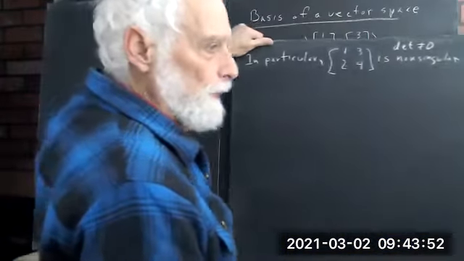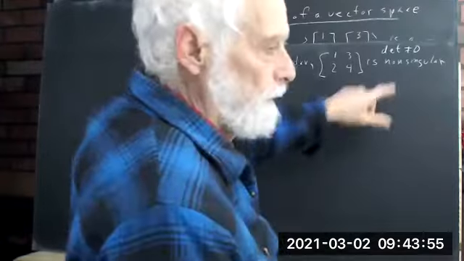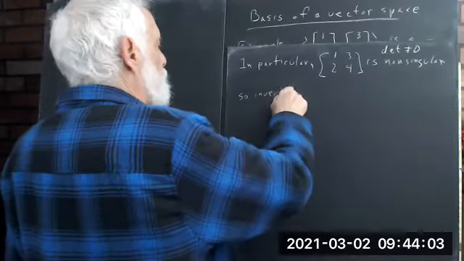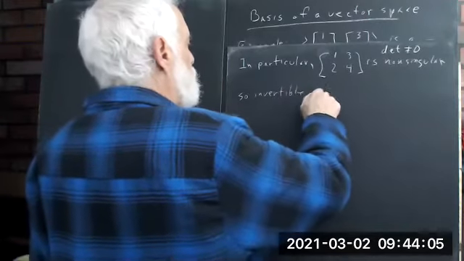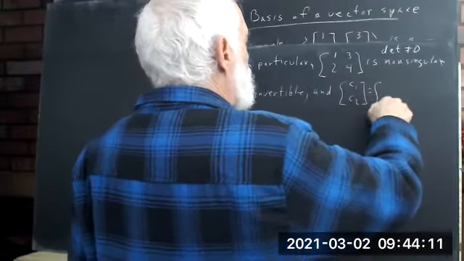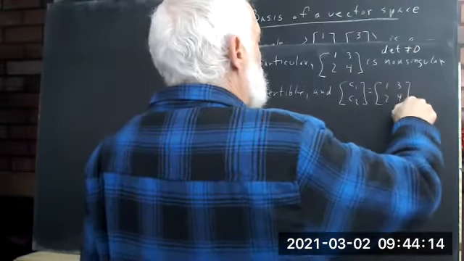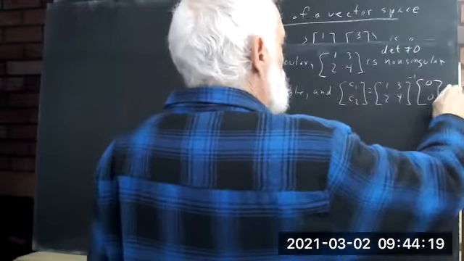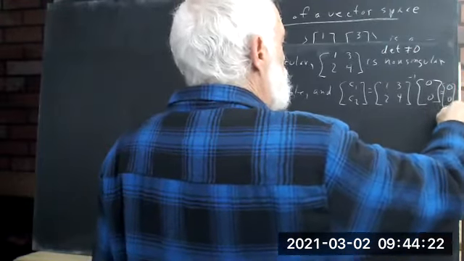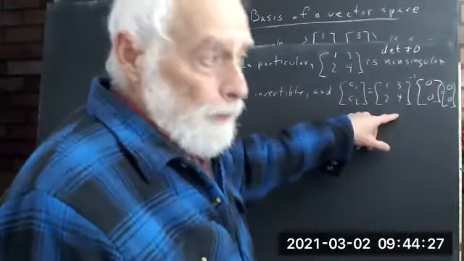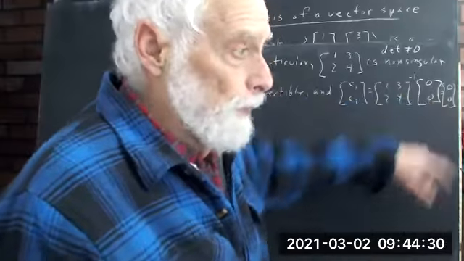Non-singular, its determinant is not zero. I didn't leave myself enough room there, but (C1, C2) is the inverse of this matrix times (0, 0), which is equal to the (0, 0) vector.